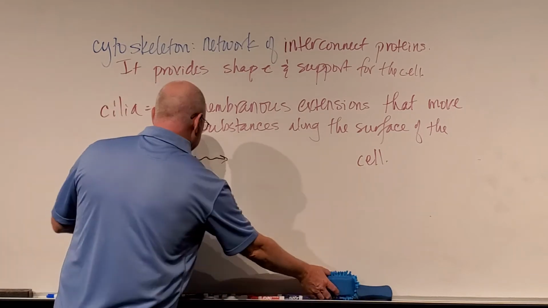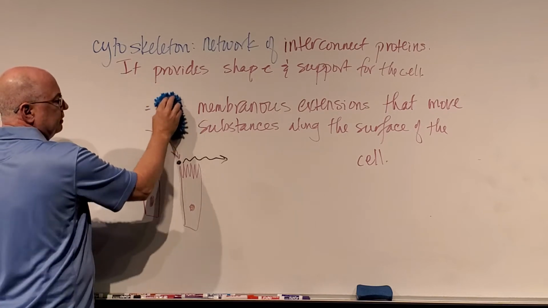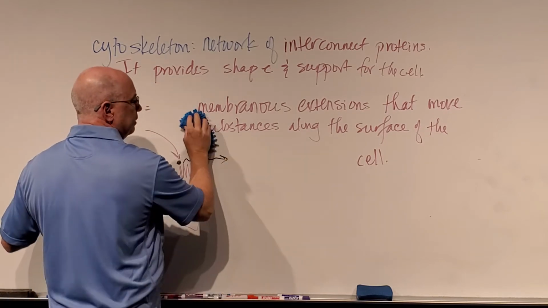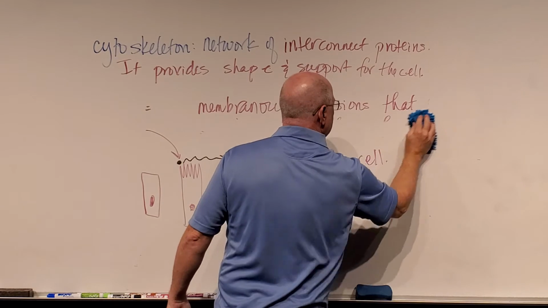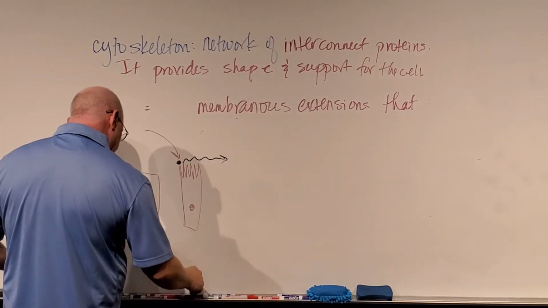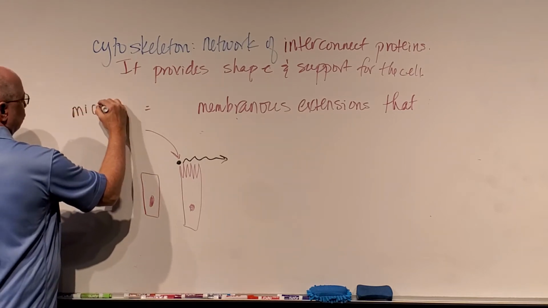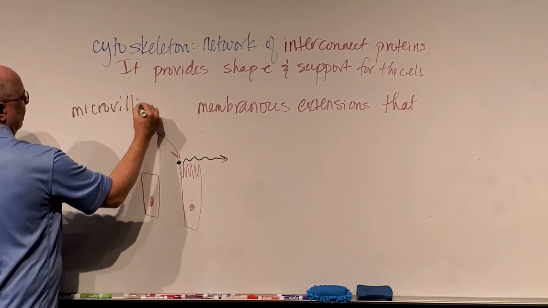Now I'm going to erase all this. I'm going to leave this little drawing here because I'm going to talk about microvilli. And microvilli share somewhat of a similar description. So, microvilli.